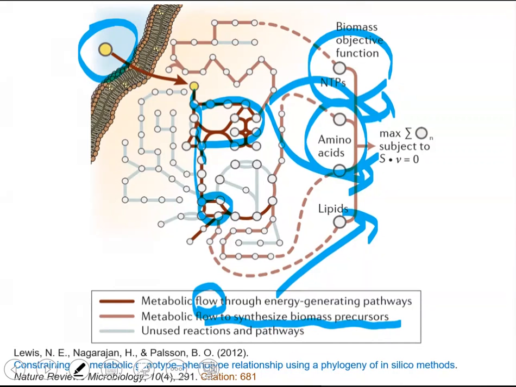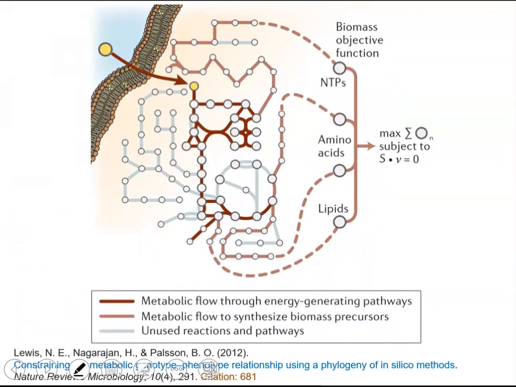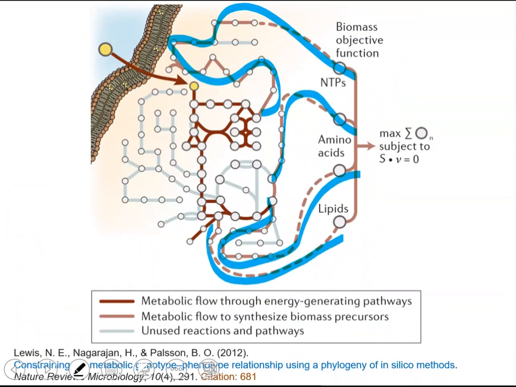So synthesis of biomass precursors, metabolic precursors, is maximized. These are roads, for example, that go to macromolecules from metabolic precursors. So we maximize the flow of carbon through those roads.